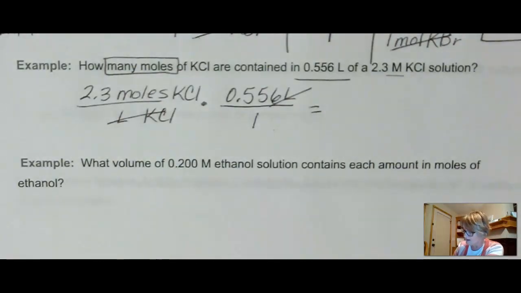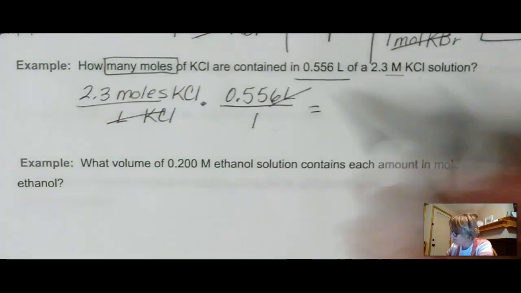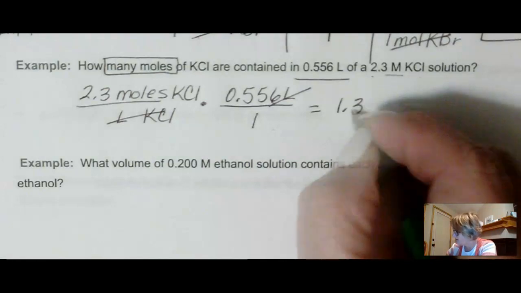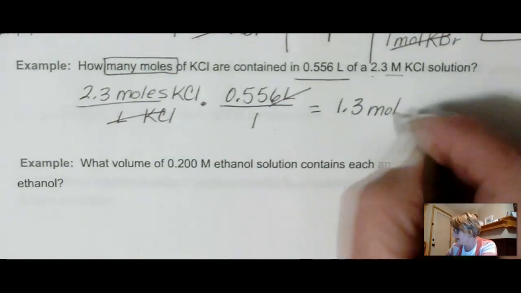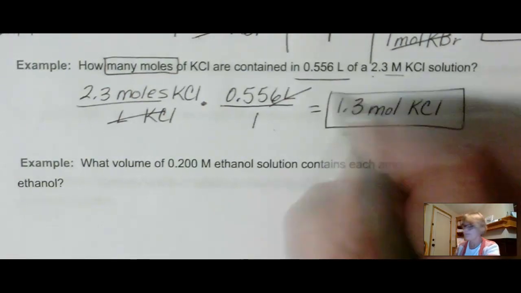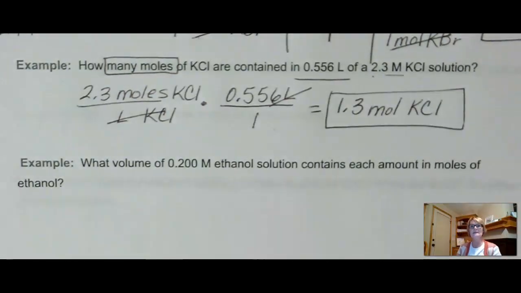This one requires less work: 2.3 times 0.556. We only have 2 digits here, so I get 1.3 moles of KCl. That one was pretty easy. We only had 2 steps.